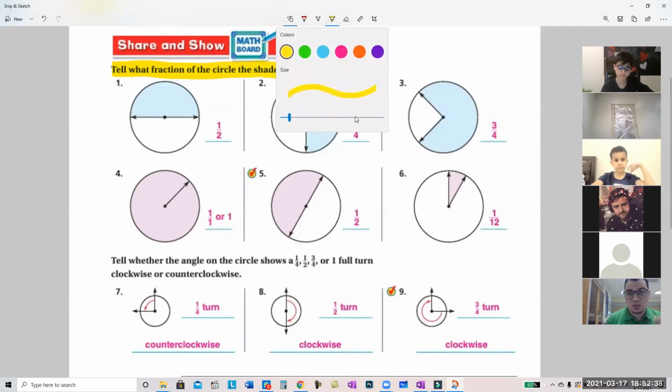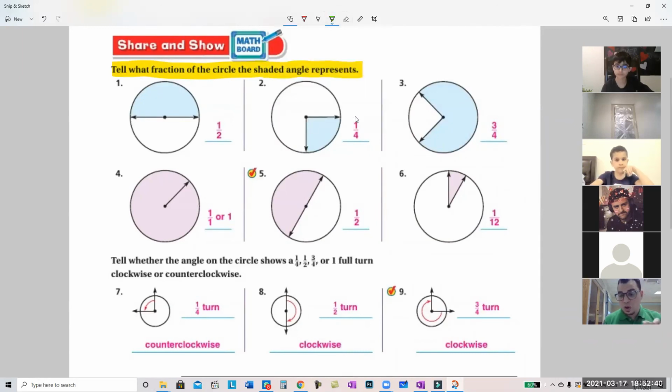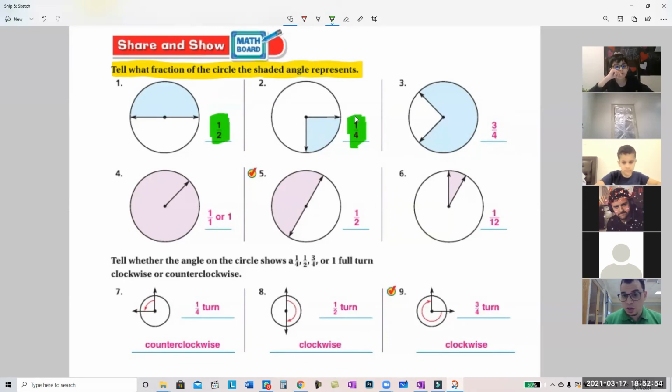So it's very important to know the way of the fraction. We have here half of the circle shaded, and quarter of the circle shaded here, and 3/4 of the circle is shaded, and here is one full turn, and here half turn and 1 over 12 turn.